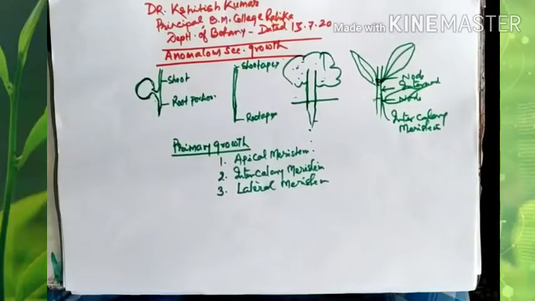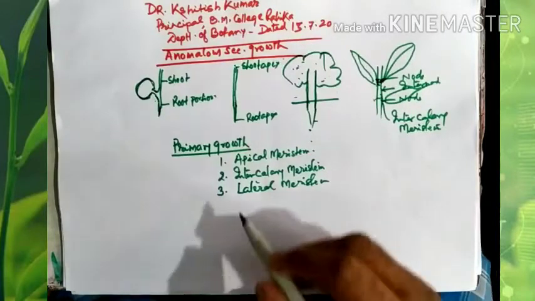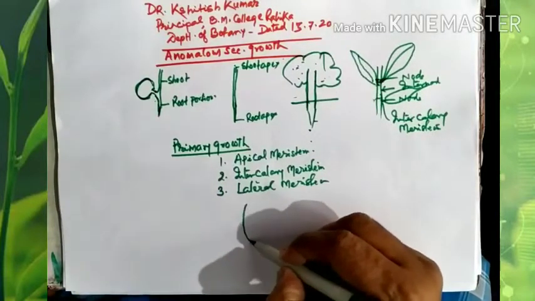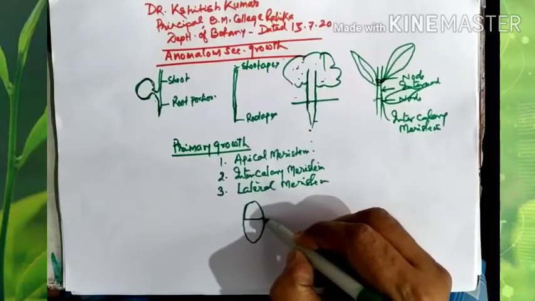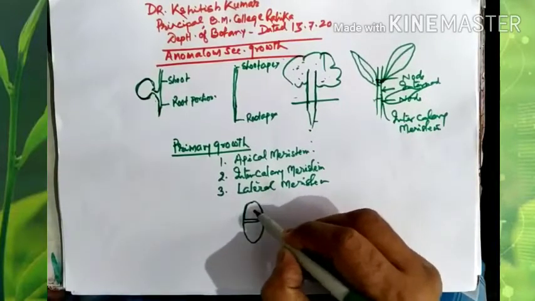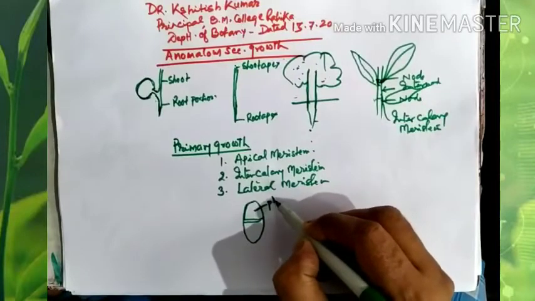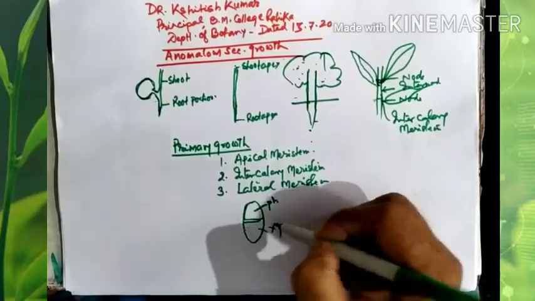We know that in the dicot stem there is the vascular bundle, in which this is the phloem outward and the xylem inward.